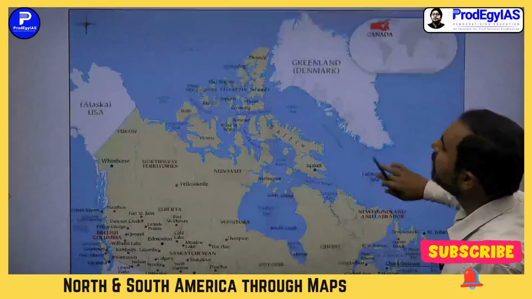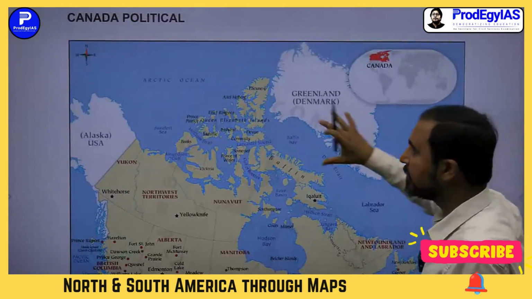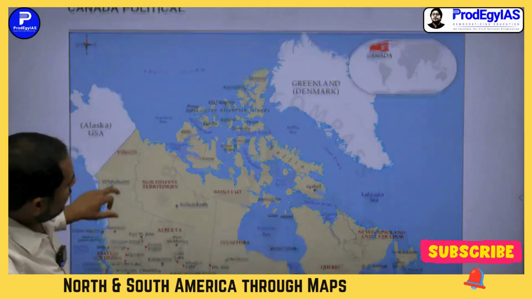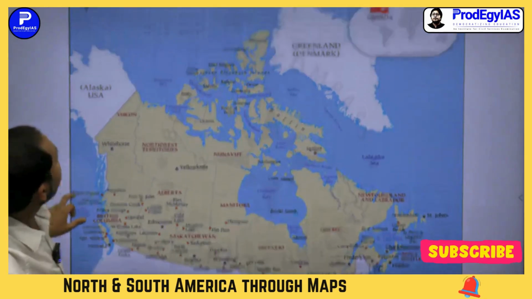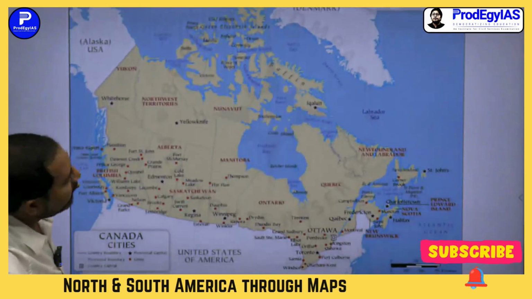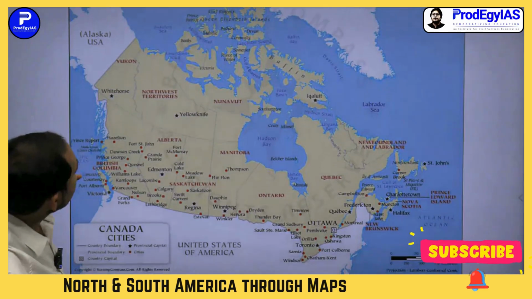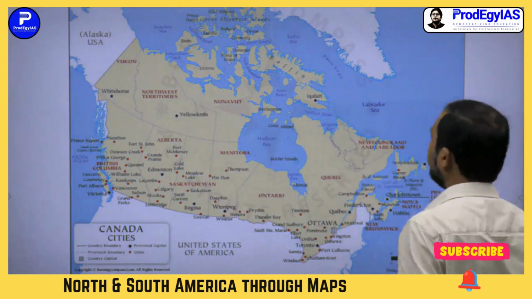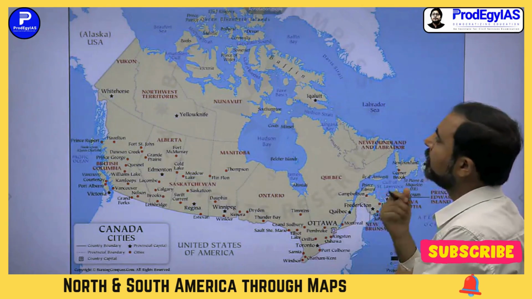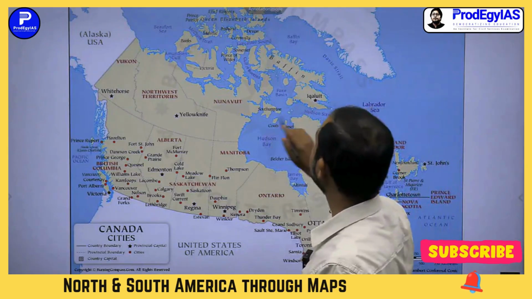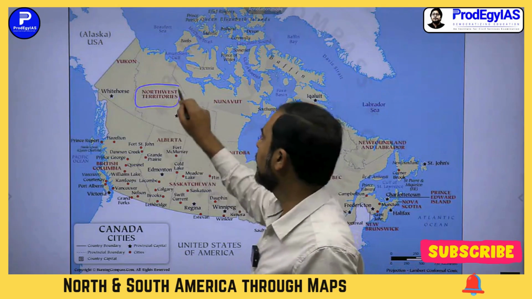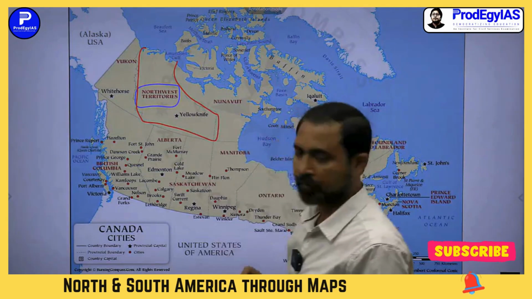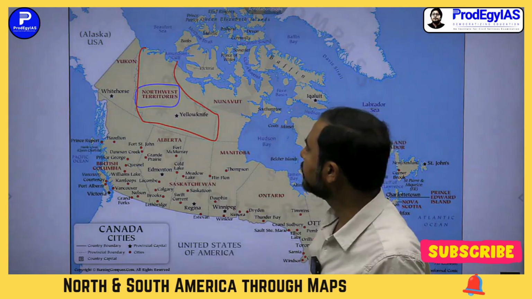Then one by one, we can see such maps like this is the Canada political map. In which you will see the different territories of Canada. You can say the states of Canada. Some of the important territories which you should have in your mind, that is Northwest Territory.